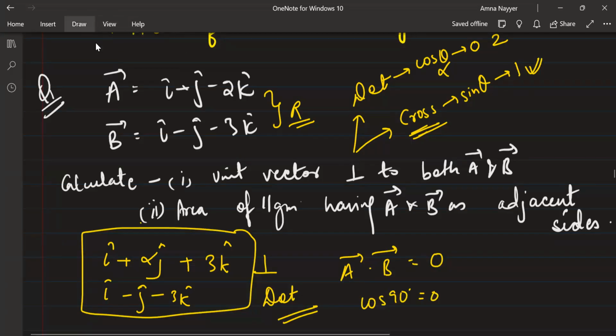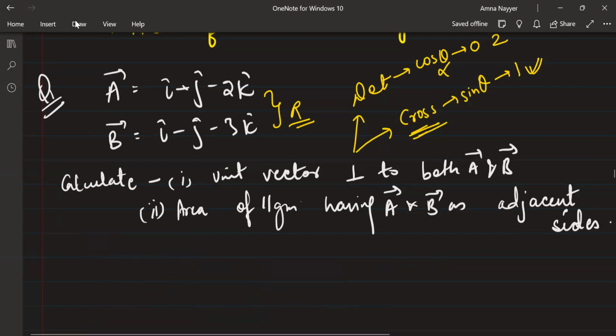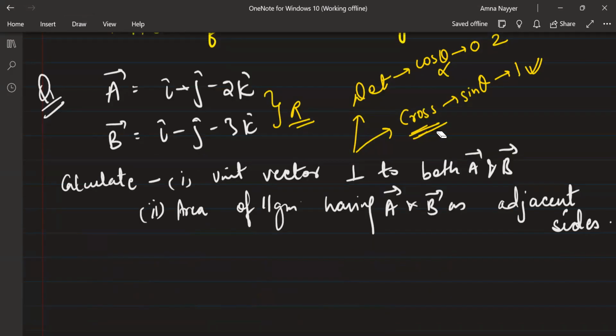Now see, suppose this is not the question. The question is two vectors are given whose resultant we need to get and they are perpendicular. Here, why cross product?